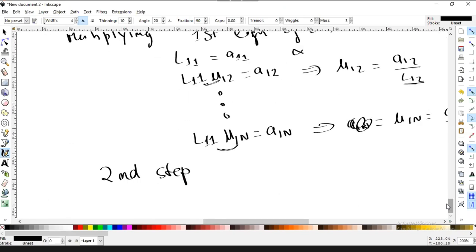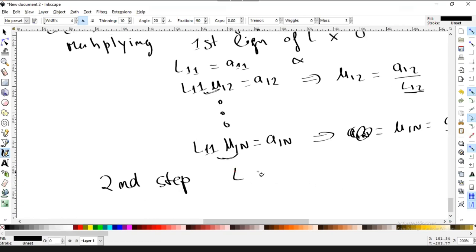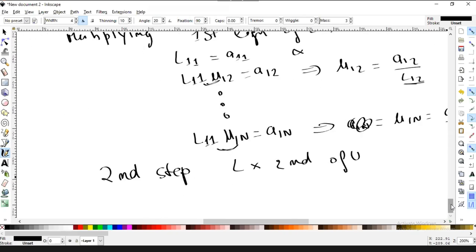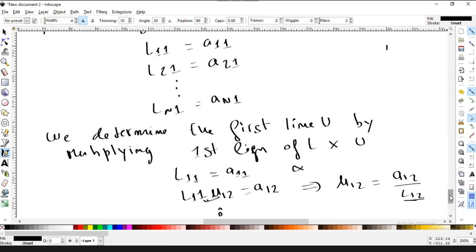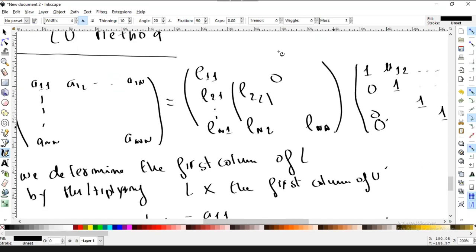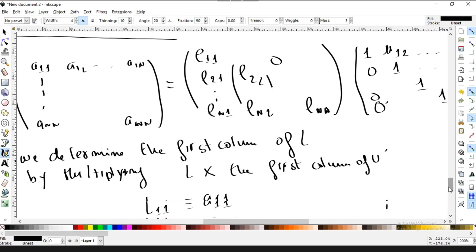So if I multiply now L by the second column of U, I get these coefficients. Let's start with this line. L12 U12 is A12.